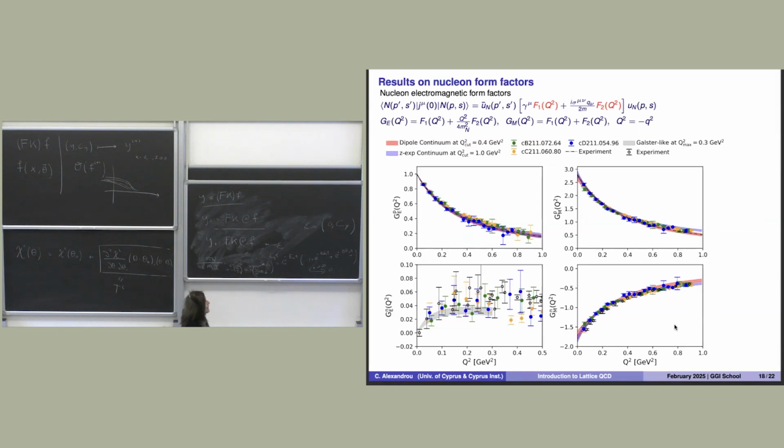And now we go further. So this is an example of our latest work on the electromagnetic form factors. And you see the 3 ensembles, the continuum extrapolations, and this is the proton, the neutron. Disconnected contributions are computed, so we can separate proton and neutron. And you see that, for example, for this quantity, where data are not so good, lattice has very good predictions.